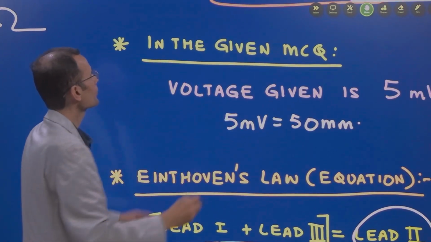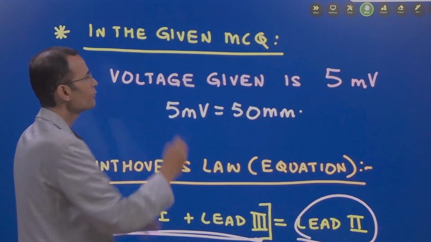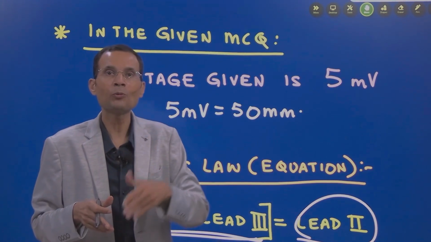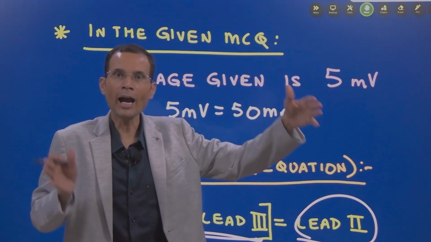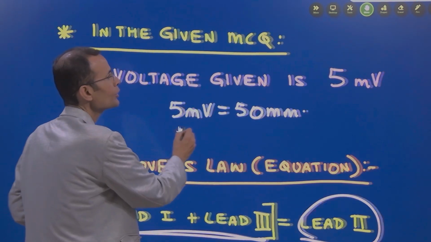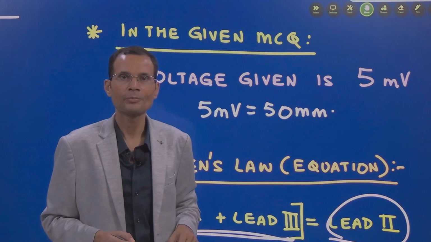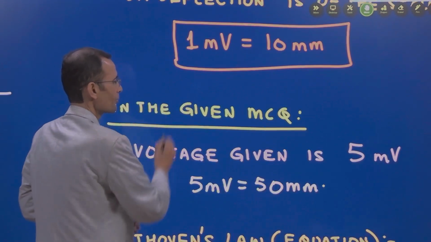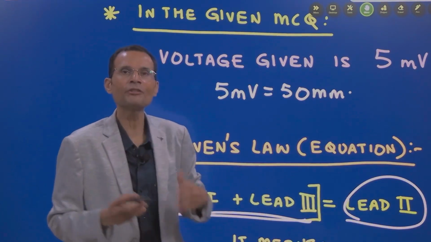Now let's go ahead. In the given MCQ, the voltage given is the sum of potentials in lead 1, 3 and 2. If you add those three potentials, that sum is given to be 5 millivolts. So if 1 millivolt is equal to 10 millimeters, then 5 millivolts is 50 millimeters.